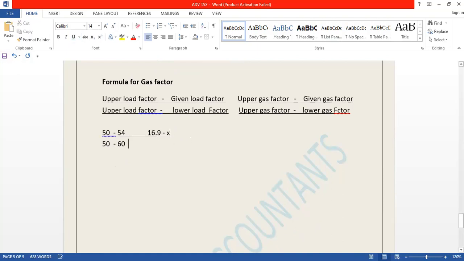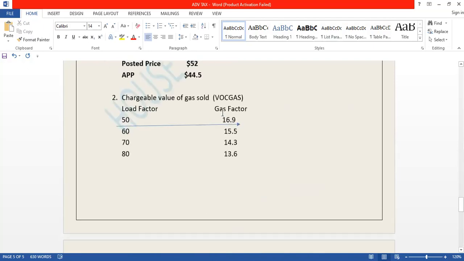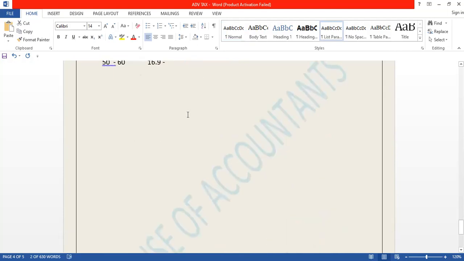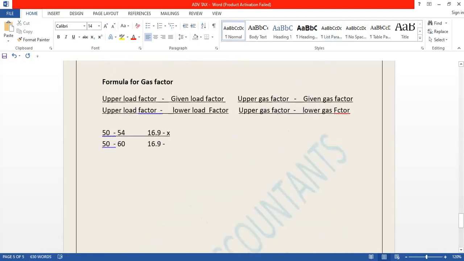Then the next aspect is the upper gas factor, which still remains 16.9 from this question. Then the second one is the lower gas factor. Then we go back here. What is our lower gas factor? Which is 15.5. So I will say 15.5.